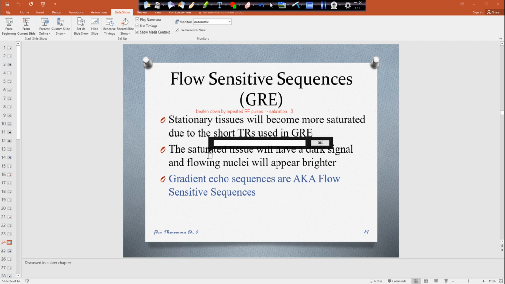Compared to flowing nuclei, which will be fresh, because it comes into the slice without RF pulses knocking down vectors.